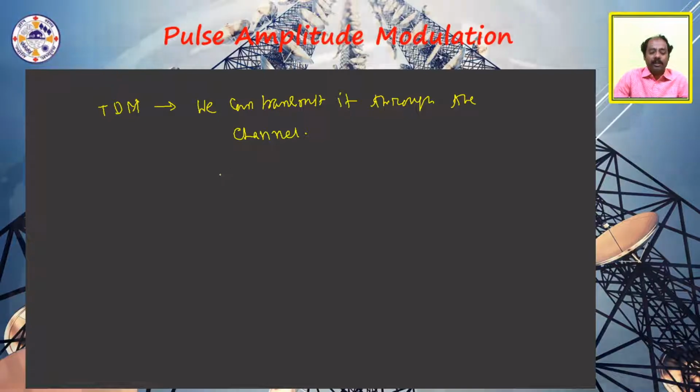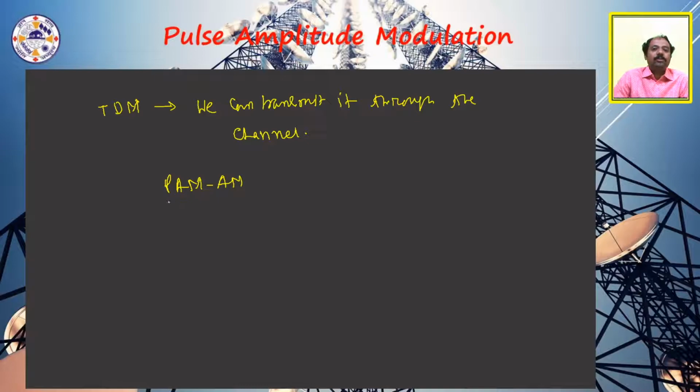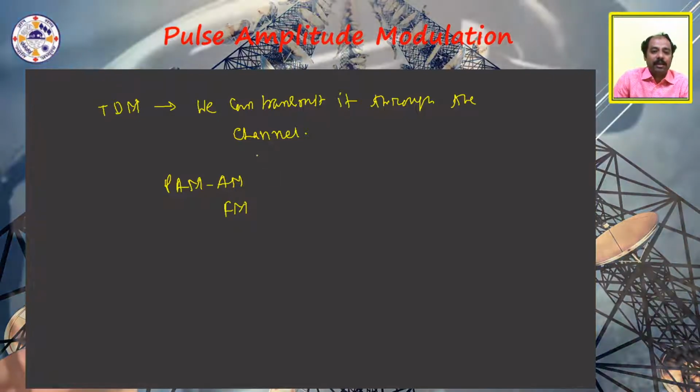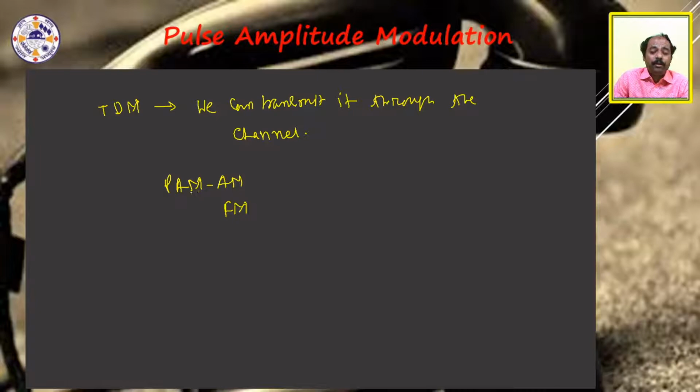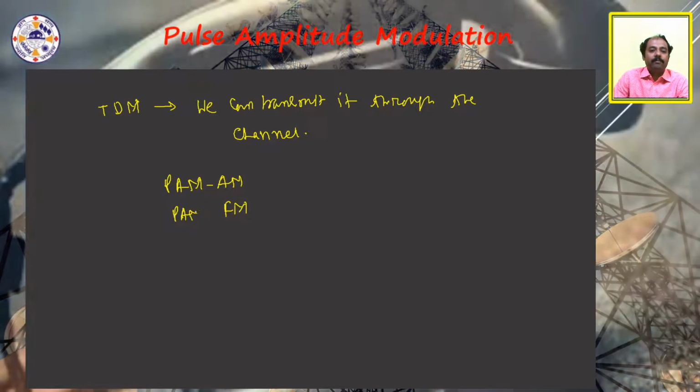For this PAM signal, we can use amplitude modulation. I can transmit it through amplitude modulation or through frequency modulation through the channel. When we transmit this PAM signal through amplitude modulation, this is called PAM-AM.